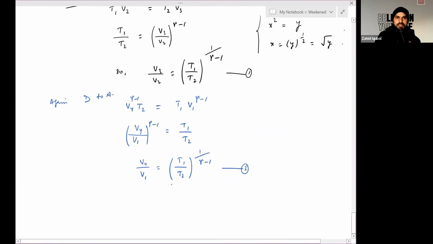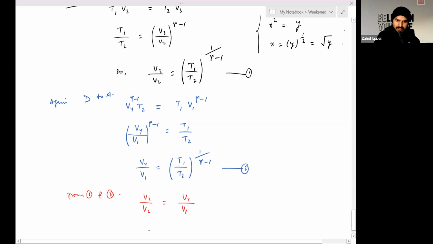Now, from equation first and equation second, we have the same quantity on the right-hand side. So on comparing, we can say V3 divided by V2 must equal V4 divided by V1. Move this V2 to the right side and V4 to the left side.